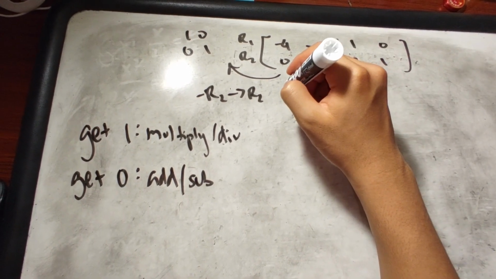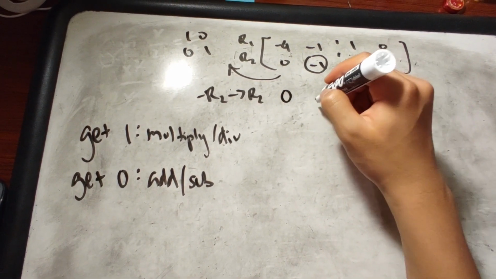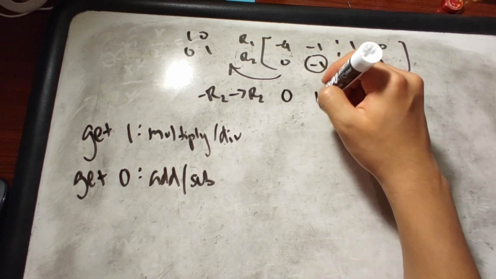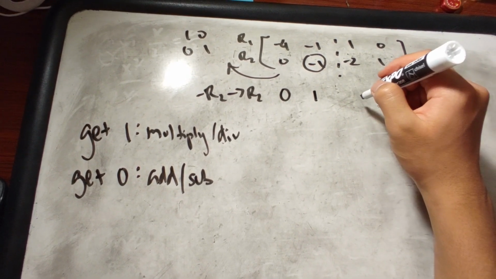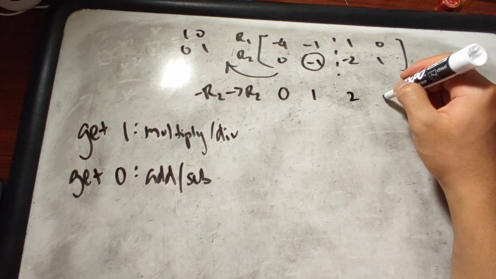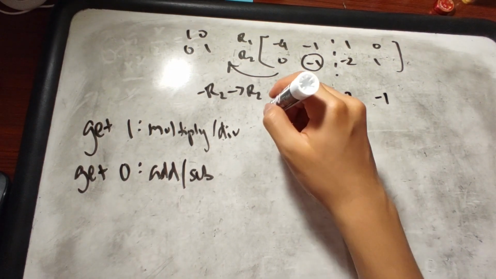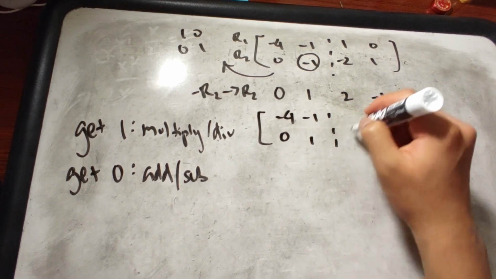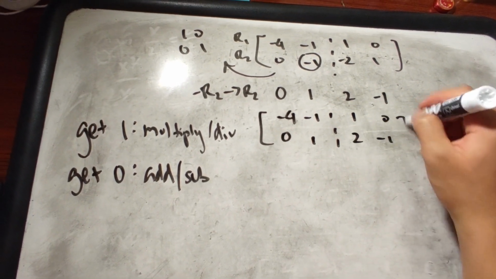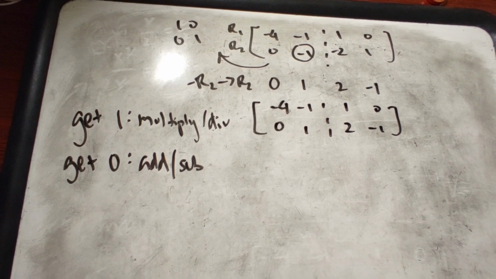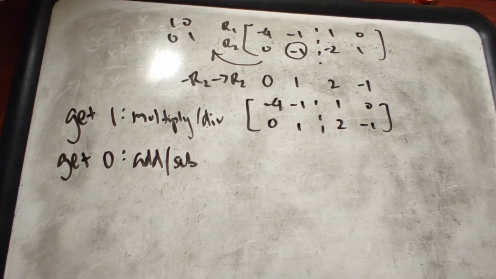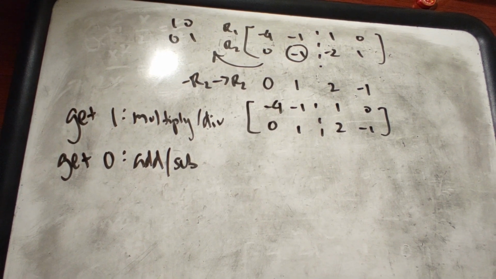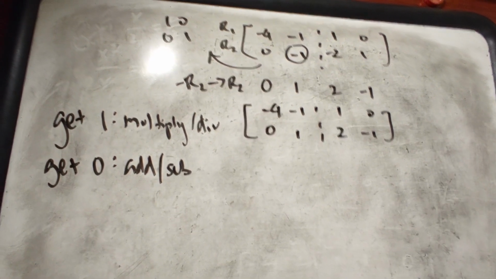So the 0 would just be 0, -1 would just be 1, negative of -2 would be 2, and 1 would be -1. So right now we have our new values for row 2, and now we can move on to the next step.